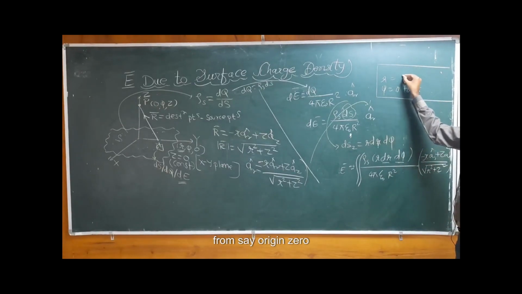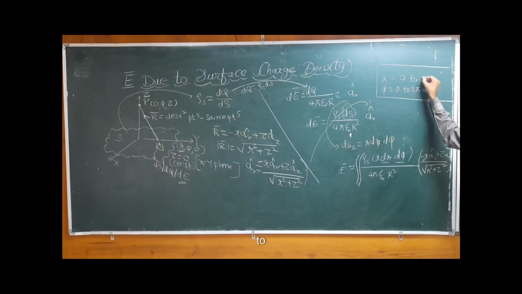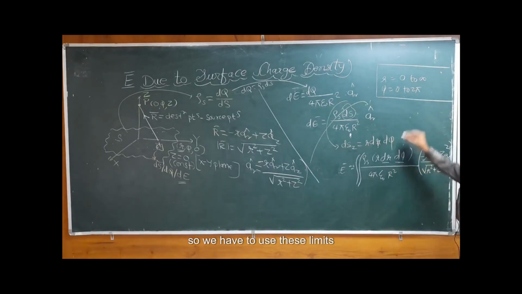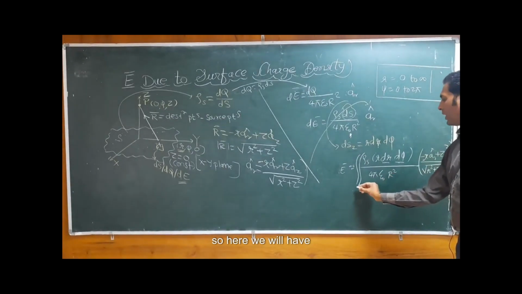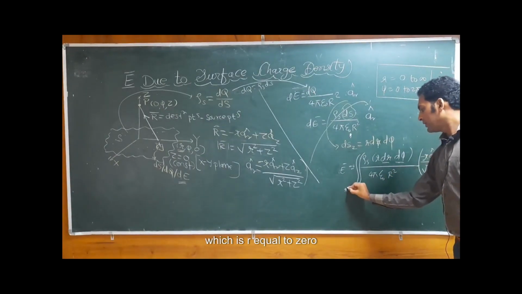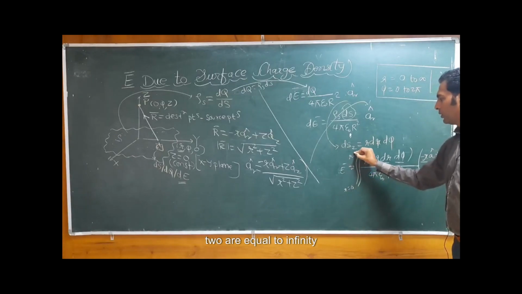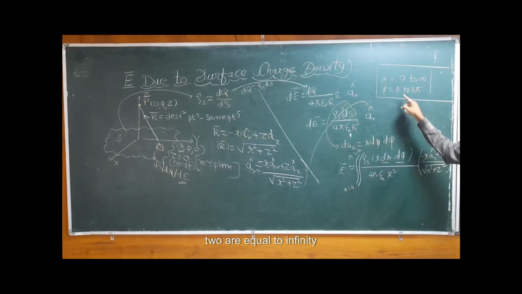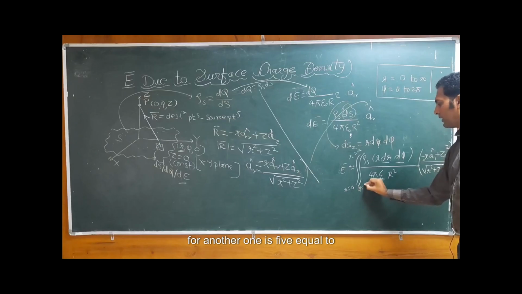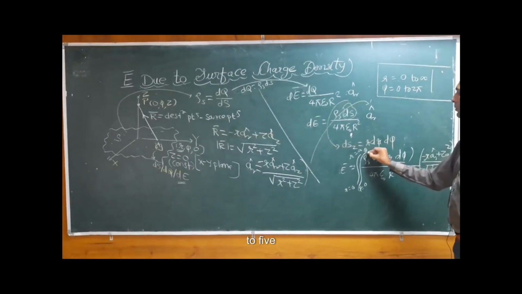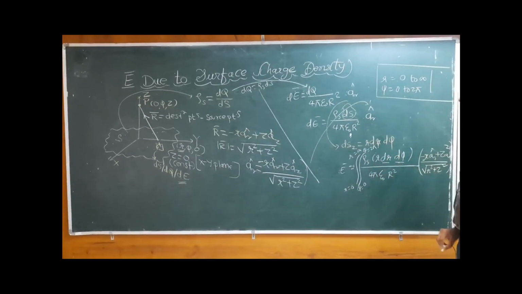R we calculate from the origin 0 to infinity. So we have to use these limits: r equal to 0 to r equal to infinity, and phi equal to 0 to phi equal to 2 pi.